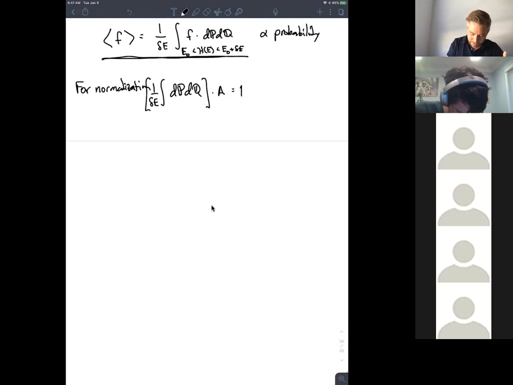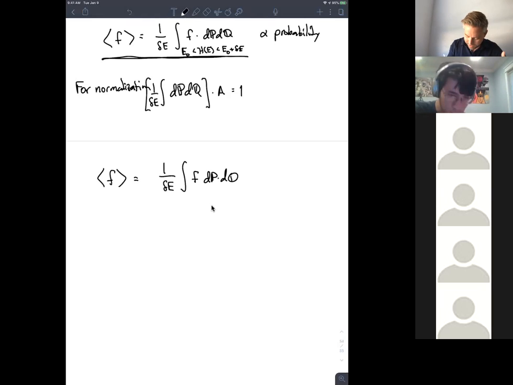So in other words, if we want to calculate the expectation value of some function, it's exactly what I told you previously. It's just that function times dp dq integrated over the necessary energy values.